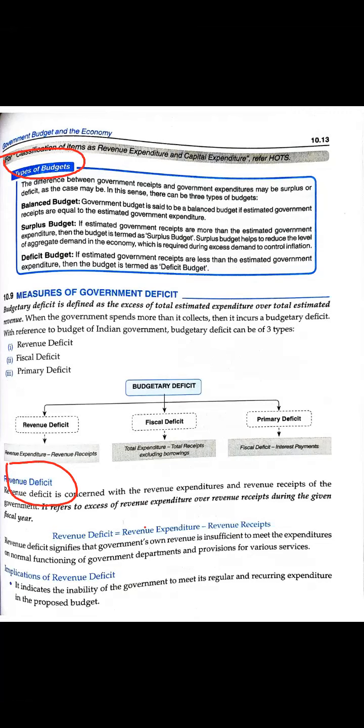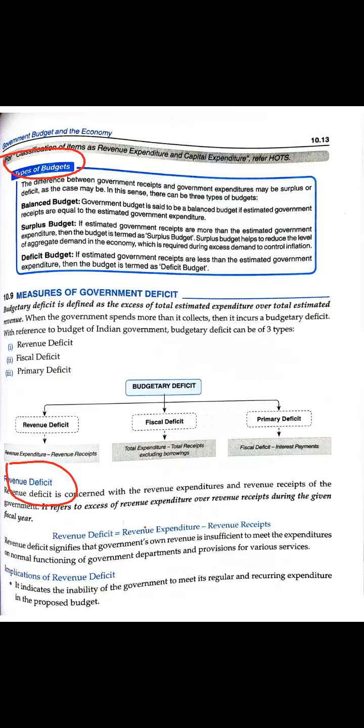Through direct tax, indirect tax and non-tax revenue, these are the sources for our country to get the revenue receipts.